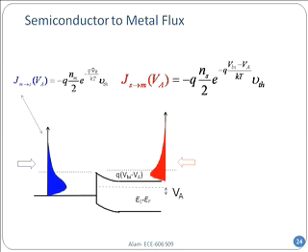Do you see that the barrier this time for these red electrons is q(VBI minus VA), and only electrons with energy above that will go. If they have less, they will be turned back by the barrier, and so they will not contribute to the current. So I have q(VBI minus VA) divided by kT, and the thermal velocity once again.